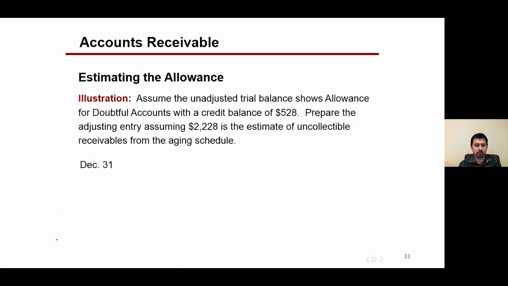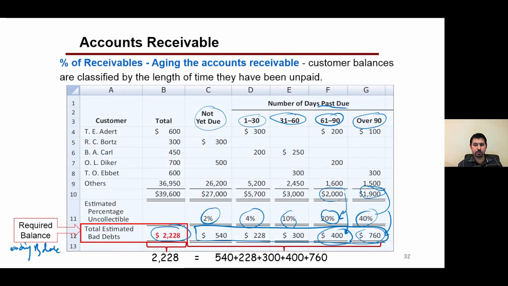Let's look at this example here. Assume the unadjusted trial balance shows allowance for doubtful accounts with a credit balance of 528. Prepare the adjusting entry assuming 2228 is the estimate of uncollectible receivables from the aging schedule. So this is this amount here.